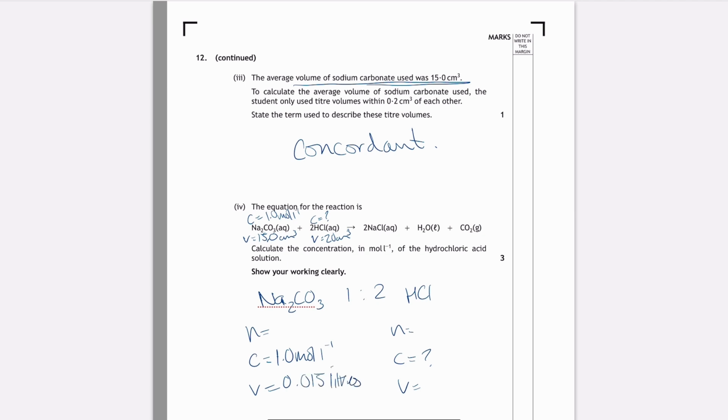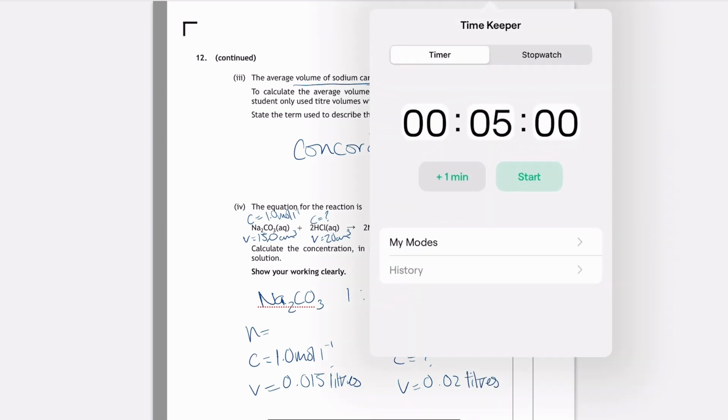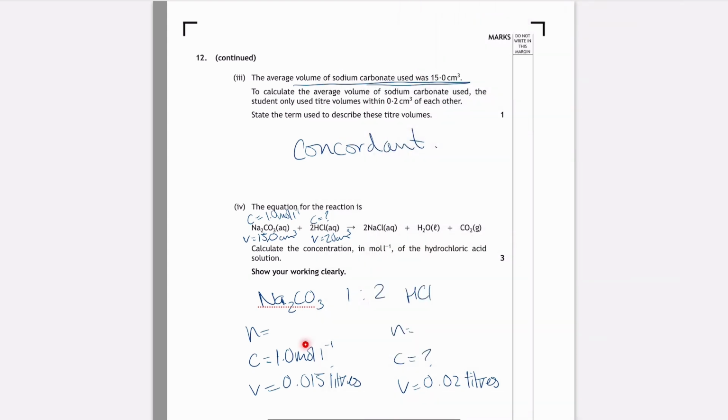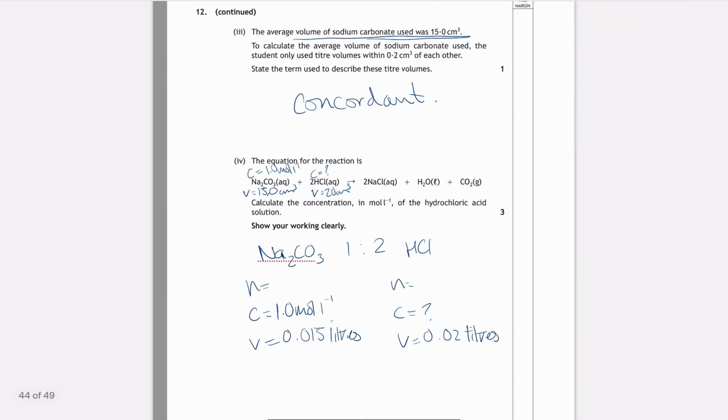And then the volume of the hydrochloric acid also needs to go into litres. So then you can hopefully see that you can work out the number of moles of sodium carbonate. So N equals C times V. So we've got 1 times 0.015, which again, hard maths, gives us 0.015.